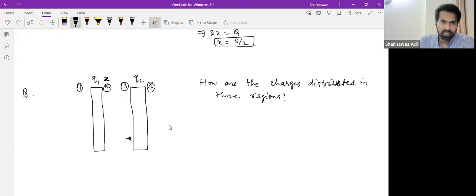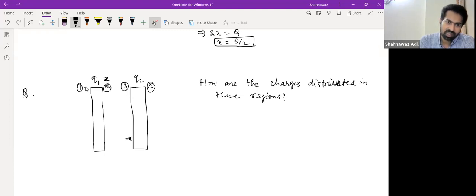Yes, sir. Yeah. So if this is X, what would this be? What would be the charge of this region? This is X, this is Q1, so what would be the charge of this region? We just did this a moment ago. This side has X charge.